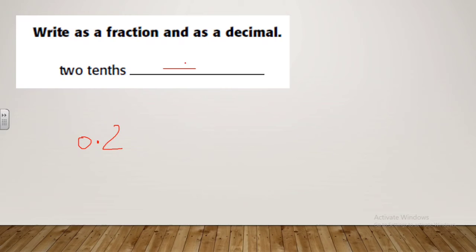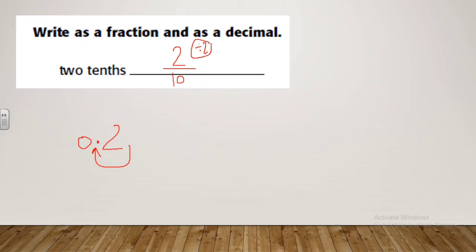1. So we'll put a point here, then 0. If we want to write it as a fraction, the point here after one number means it's over 10. And the number that we have here, we will write it in the numerator. So that will be 2 over 10, okay? And if you want to write this fraction in simplest form, we can, because here we have 2 and 10, and we can divide both by 2.